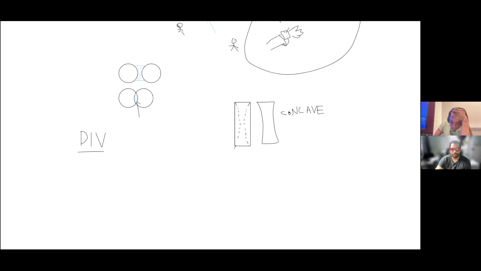So I drew a concave shape and a convex shape, and in order for them to be diverging, which one would be like a mirror and which one would be like a lens?